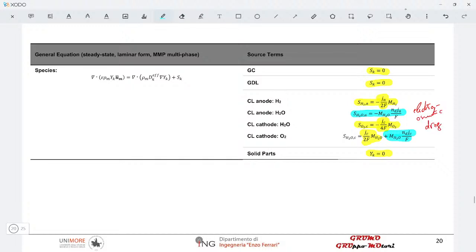So it's an electrochemically related drag transport of water inside the membrane. So it's like water is consumed at the anode and produced at the cathode because it's adsorbed and desorbed following the H+ ions in the membrane. So it's included in the source term. We will talk about this, but it's not related to electrochemical reactions. Okay.